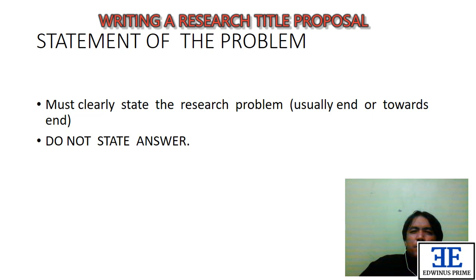The hardest part is finding a problem. What is the problem that you want to solve in your research? This is the hardest part in coming up with a title.